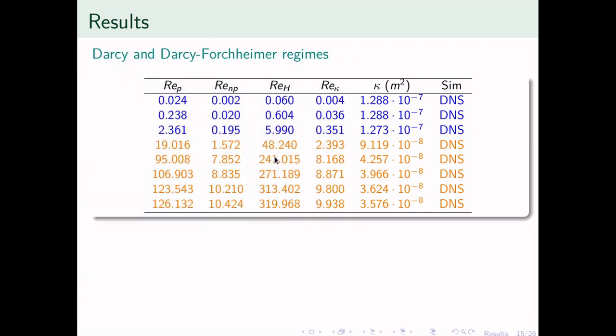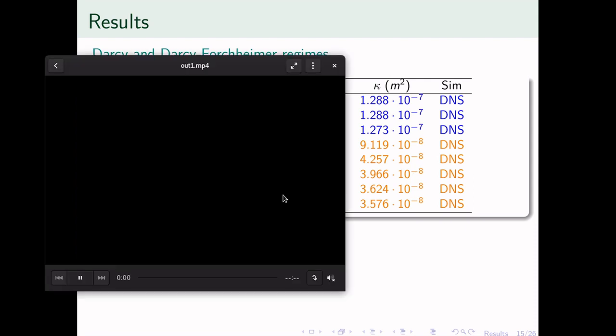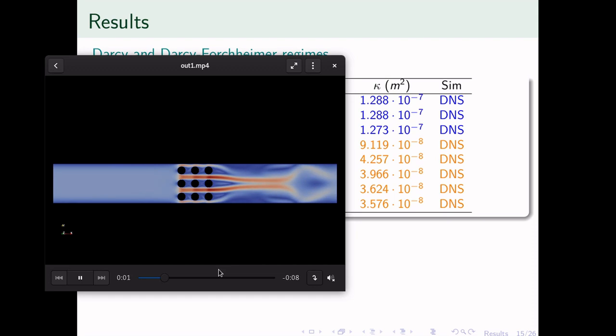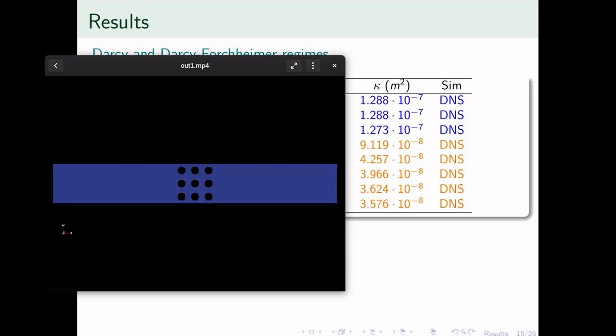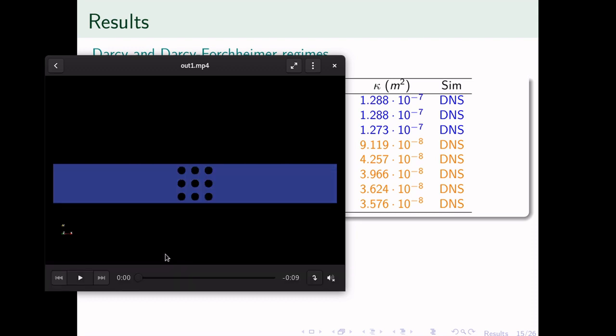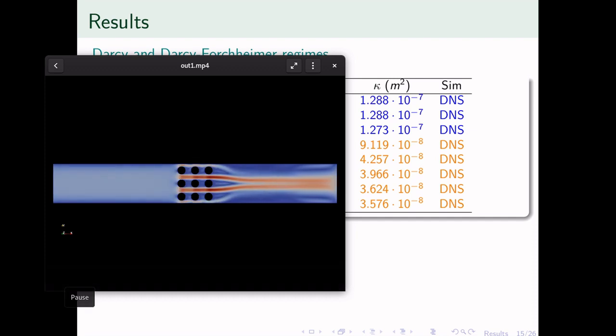So this indicates that we left the Darcy regime and entered the Darcy-Forchheimer regime. You can see the same pattern as the velocity increases, but the flow remains stable. The velocity in the movie is much greater than the velocity that we actually see in the output of the simulation, because of time constraints.